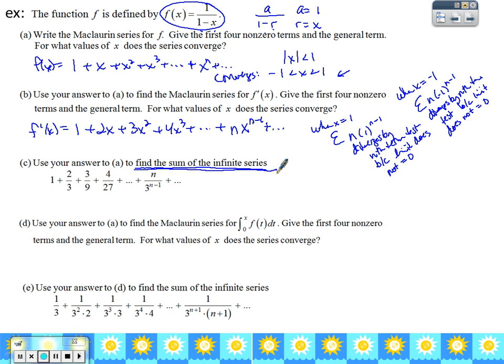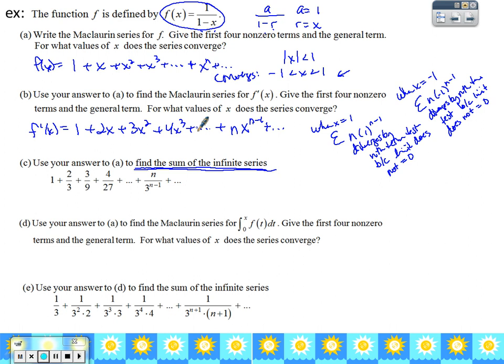So let's look at this one. Compare it to the function we just created. Notice anything? Now, let me give you some hints here. Normally, notice there aren't any x's here, right? This has x's, so what would they have done? They would have put something in for x, and in this case, they put in 1/3.